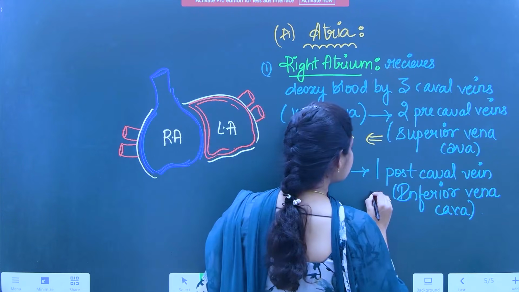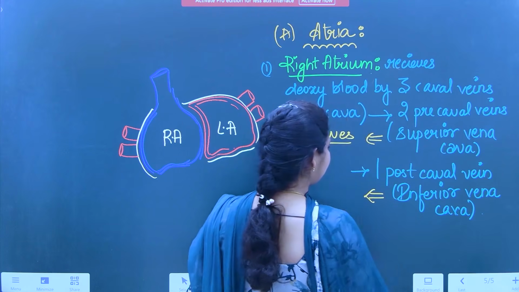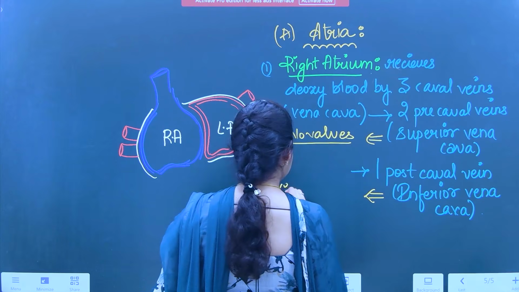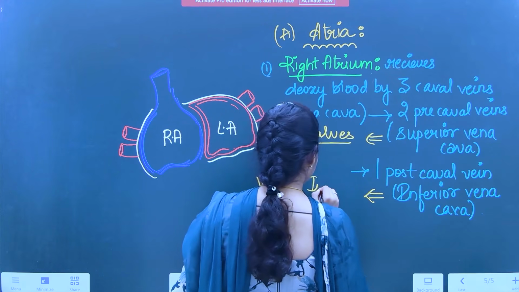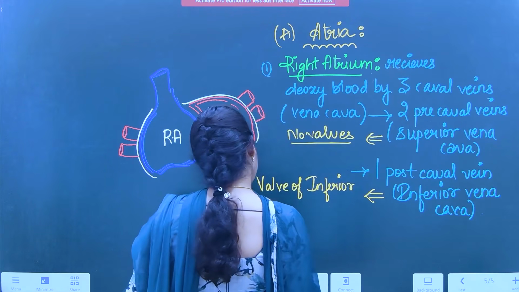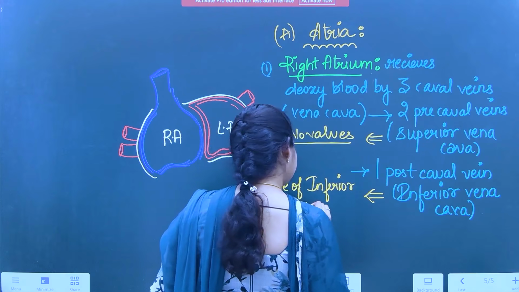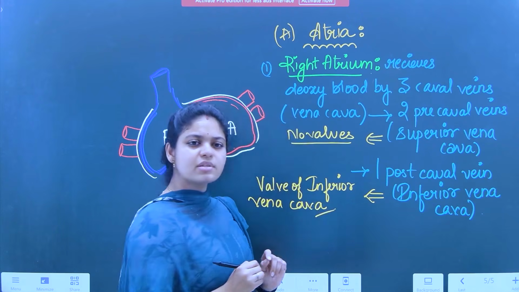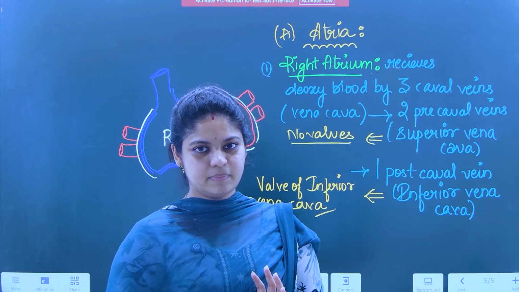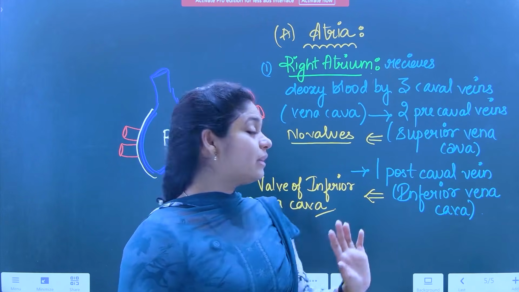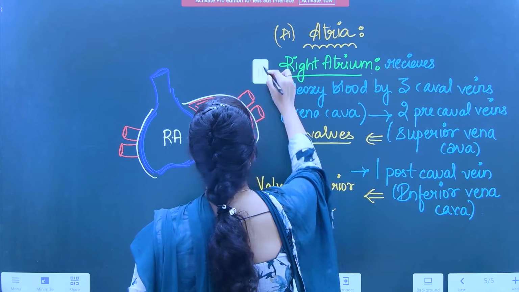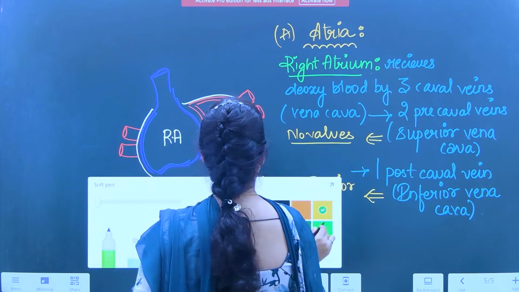But the post-caval vein or inferior vena cava has one valve, which is named the valve of the inferior vena cava. Is it clear? That was about the right atrium.